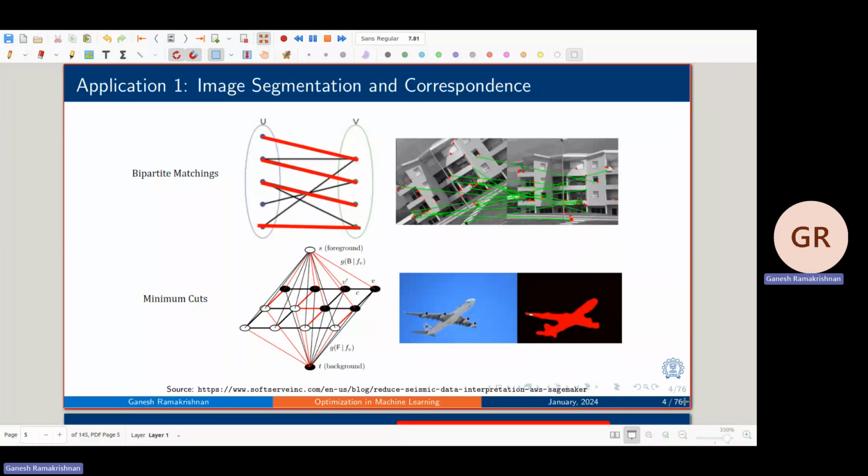I'll still have edges from S and T to each pixel. Likewise, I'll also have edges connecting neighboring pixels. So imagine creating a grid.